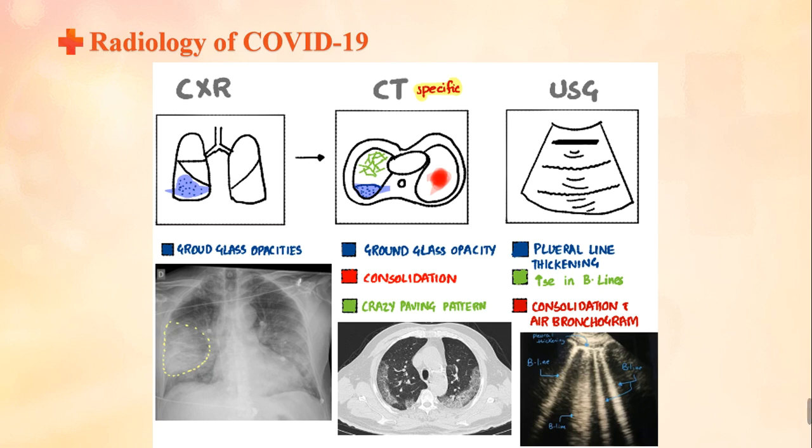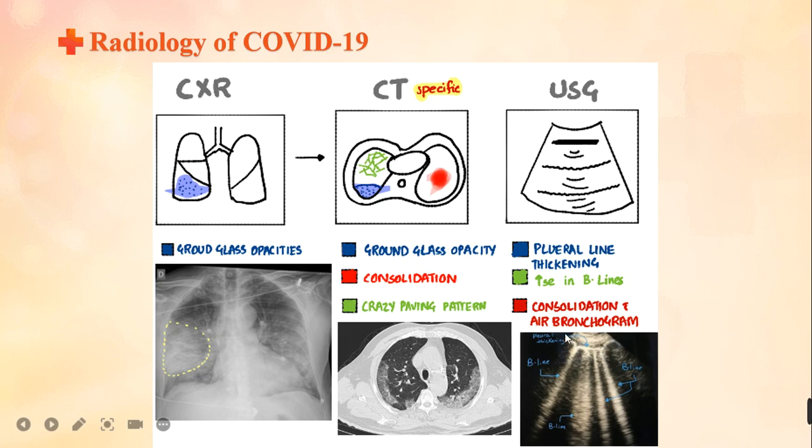Multiple B lines from focal to diffuse, with spared areas, representing thickened subpleural interlobular septa, may also manifest as a light beam sign and an evanescent broad-based vertical reverberation artifact arising from a regular pleural line. So here is the pleural thickening.